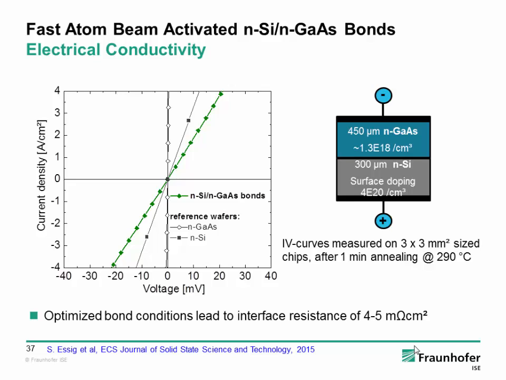So the question is how this interlayer behaves electrically, and we made experiments on that. What I just want to mention very briefly is it works very nicely, because if you optimize your bond conditions, the interface resistance is fairly low, sufficiently low to really make solar cells out of that.